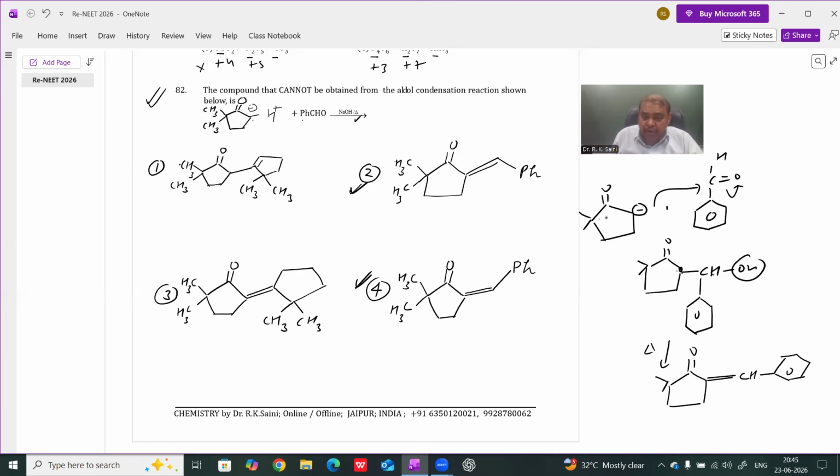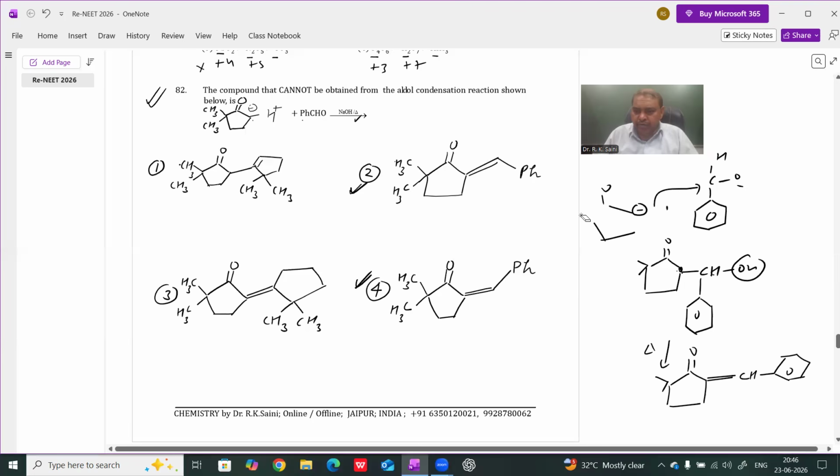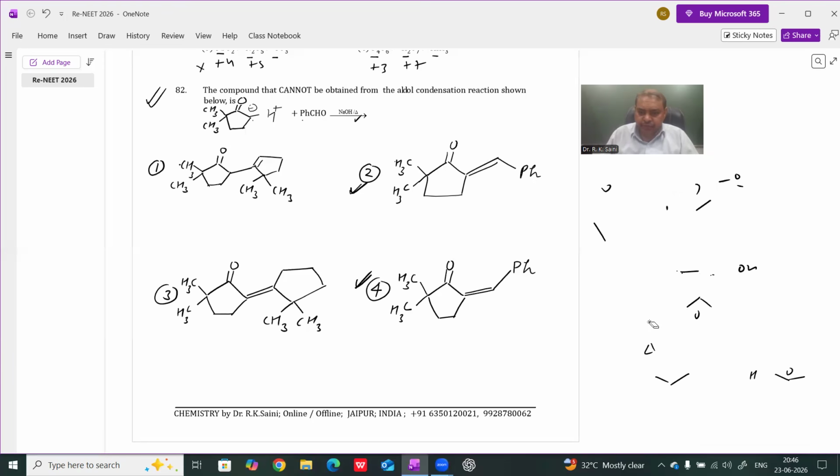Now, the same aldol condensation, yes, self aldol condensation takes place. The following products are possible in self aldol condensation. Two molecules of the same ketone are taken.